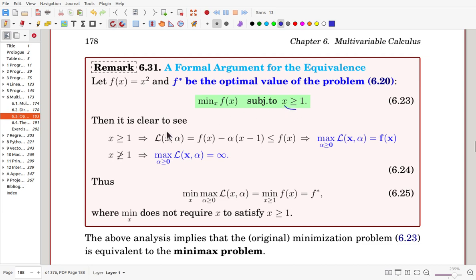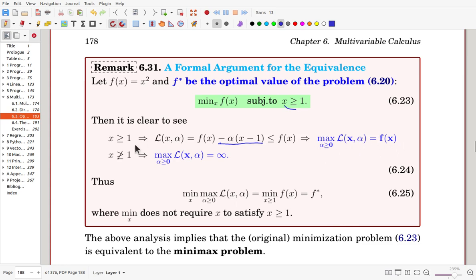Once x is larger than or equal to 1, then for the Lagrangian, because alpha is chosen to be non-negative, this portion is always non-positive, so the Lagrangian is always bounded by f of x. Of course, its maximum happens when this portion is 0. So we have this result.